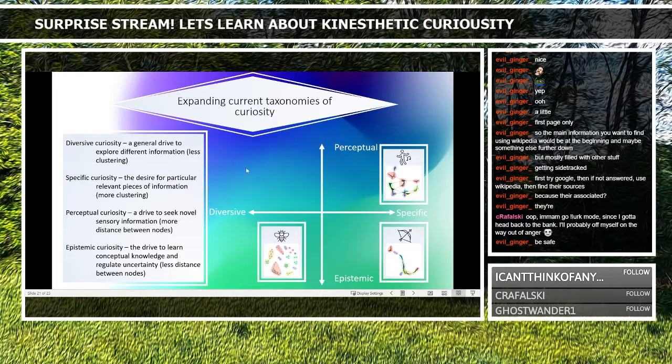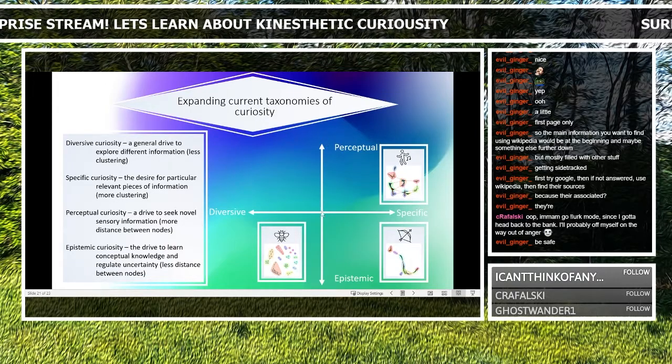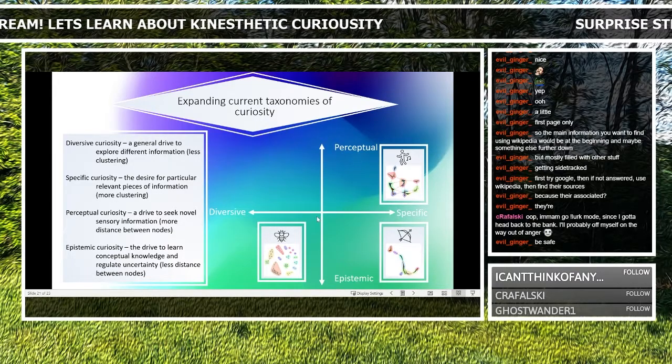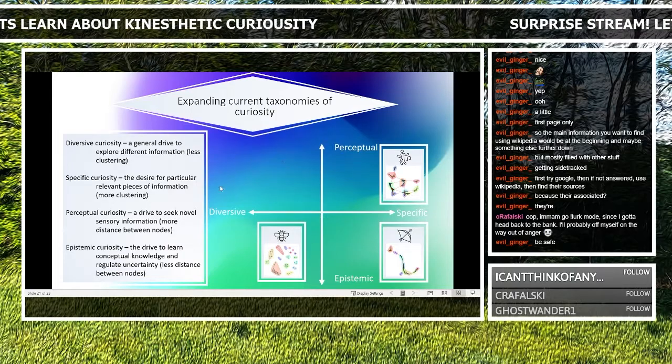I don't know if they have anything to classify something with more clustering, less clustering and more distance, less distance. I don't think they have anything to fill this square, is basically what I'm trying to say. But for the ones that we have, I think this is where they would lie.